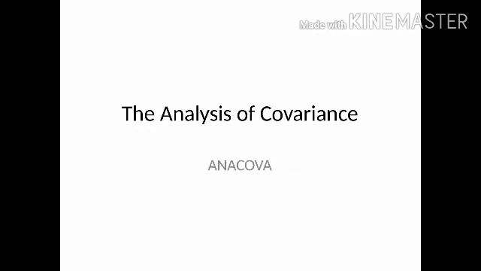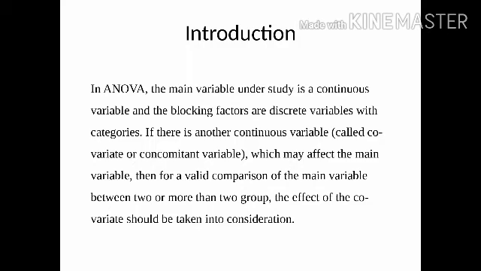Next one is analysis of covariance, that is ANCOVA. Let's start with the introduction. In ANCOVA, the main variable under study is a continuous variable and the blocking factors are discrete variables with categories.